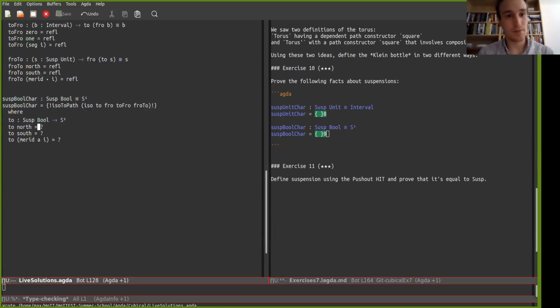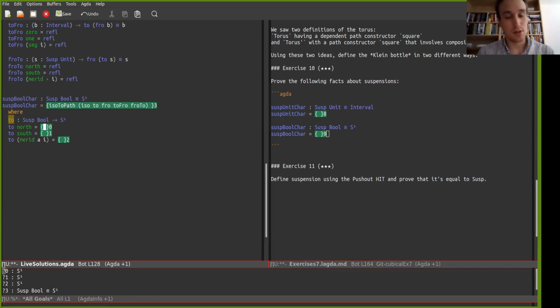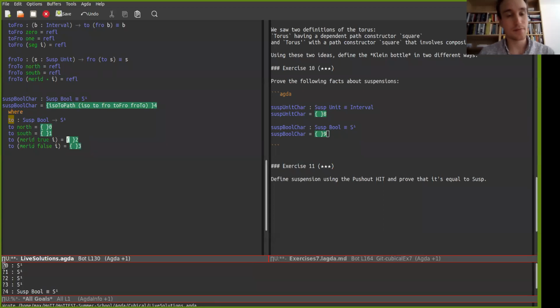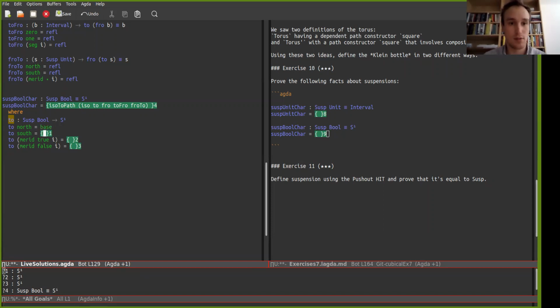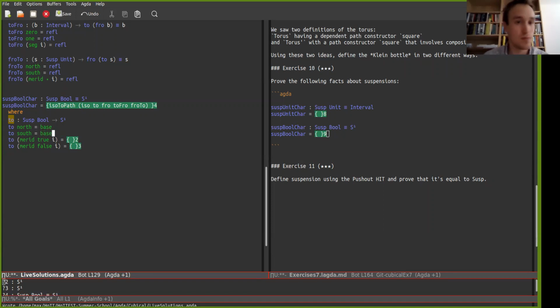Okay. Pattern match. Here we can pattern match on A. The suspension has 2 points, north and south, whereas the sphere only has 1 point, right? So we want to send both of them to base. And now we have 2 paths, meridian at true and meridian at false, and the sphere only has 1.